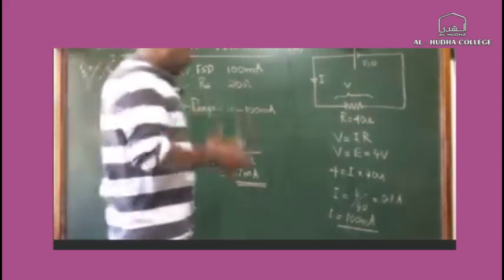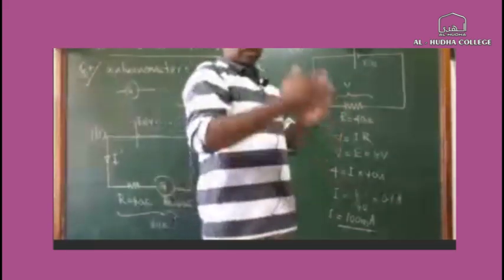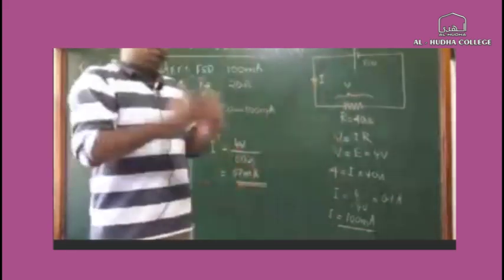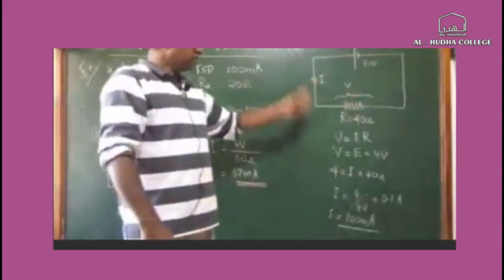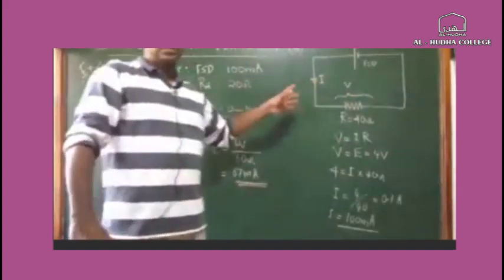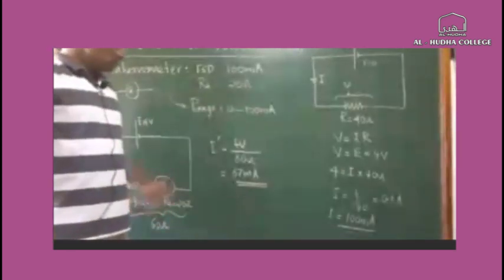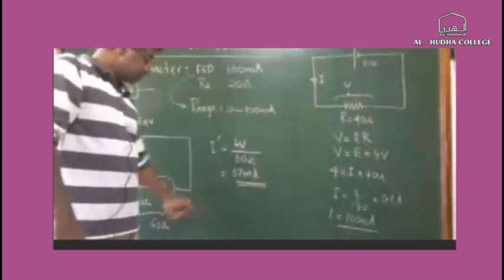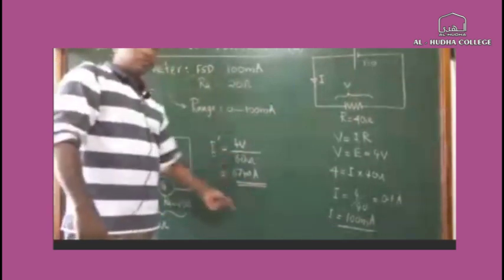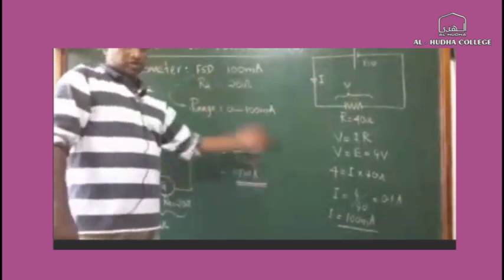So by introducing the galvanometer, we expected that the galvanometer will read the same current as the calculated current, but the measured current will be different because the galvanometer will only measure whatever current is going through it, right? Because of this resistance, the current has dropped and the galvanometer is reading the new current.